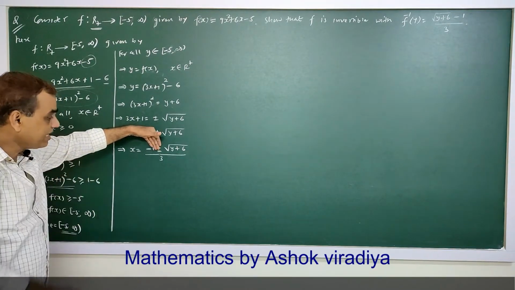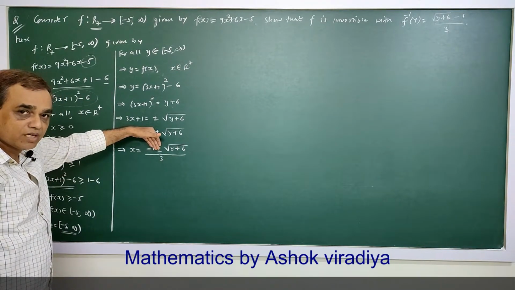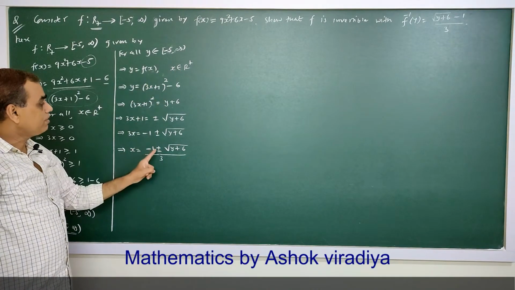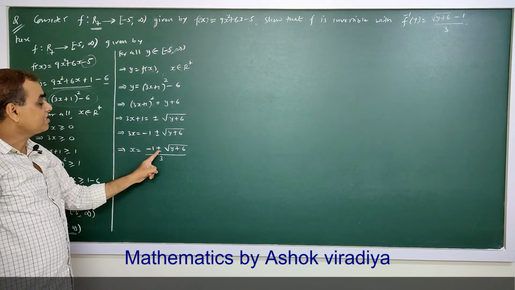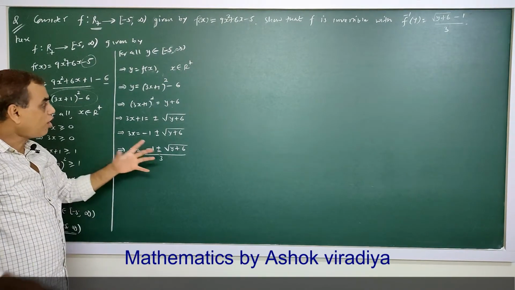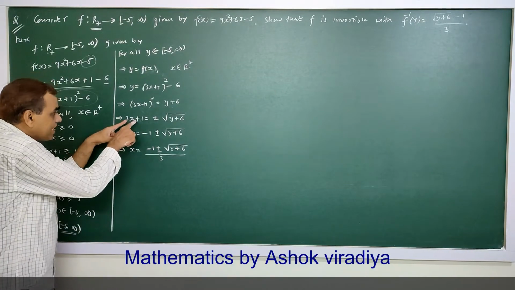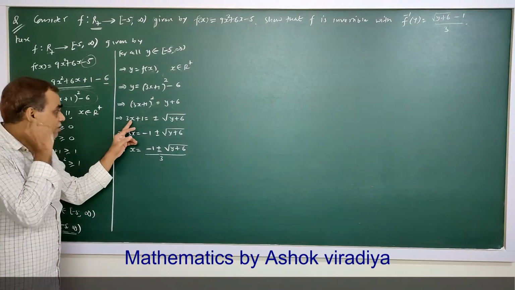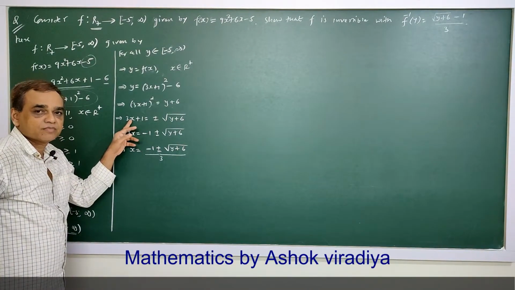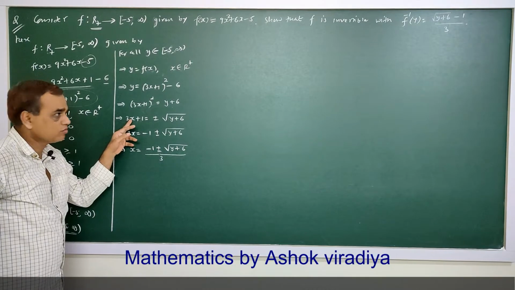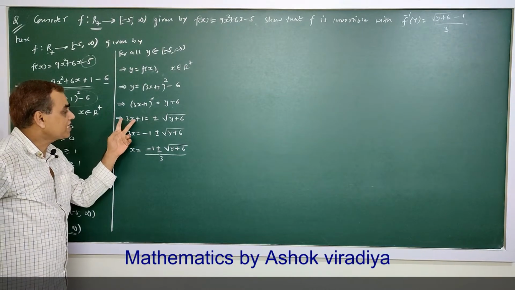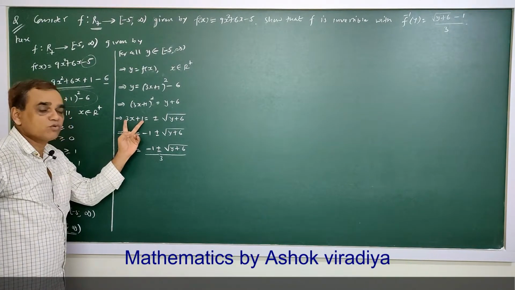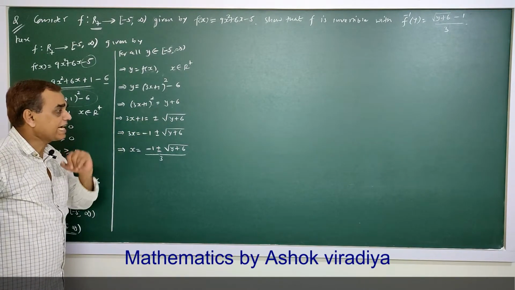So in that case x will be negative. But here x is non-negative, so the minus sign is not possible. Or after this step also we can determine that because x is non-negative, x is more than or equal to 0, so 3x is more than or equal to 0, so 3x plus 1 will also be more than or equal to 1, so it cannot be negative.